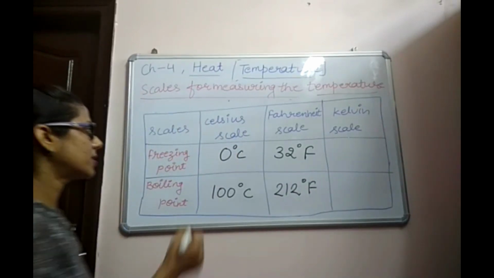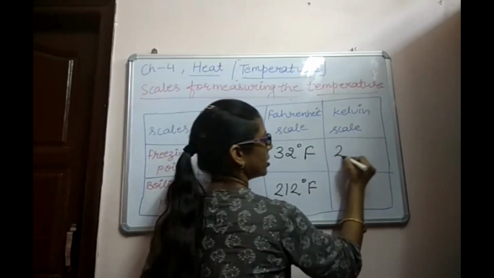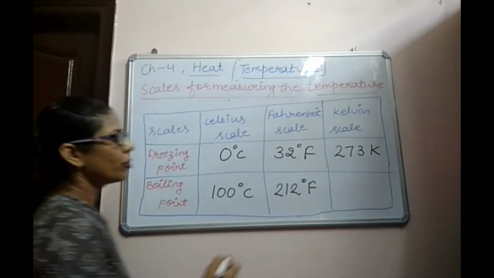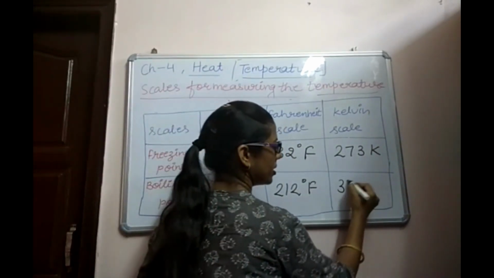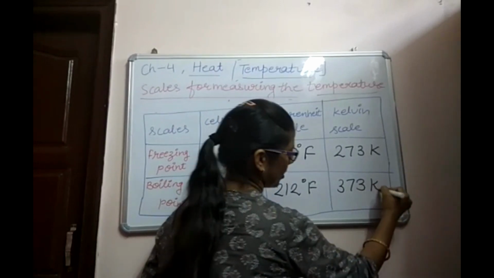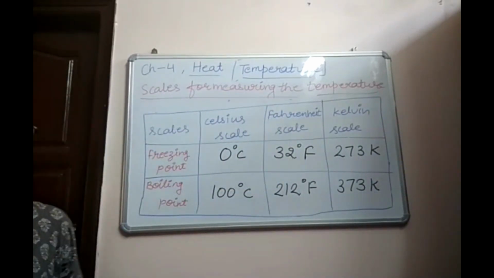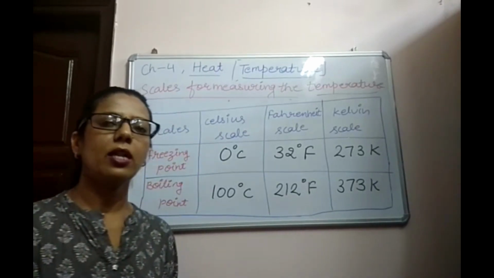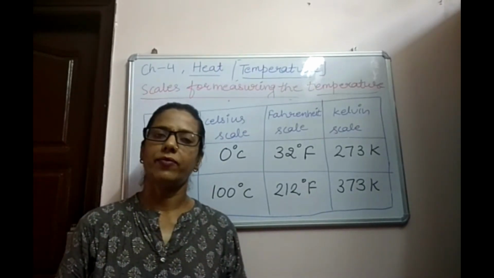On the Kelvin scale, the freezing point is 273 Kelvin and the boiling point is 373 Kelvin. So these are the different scales for measuring the temperature: Celsius, Fahrenheit, and Kelvin.